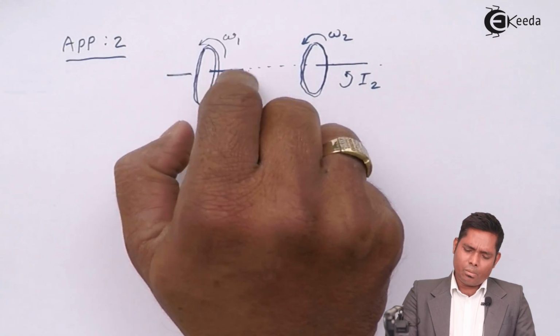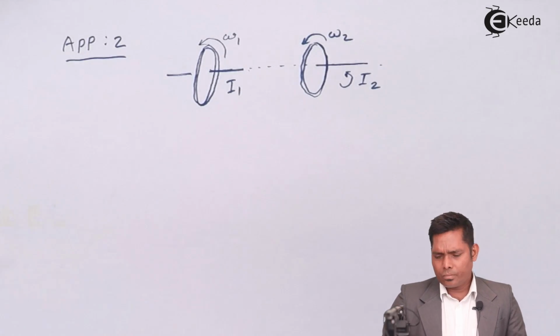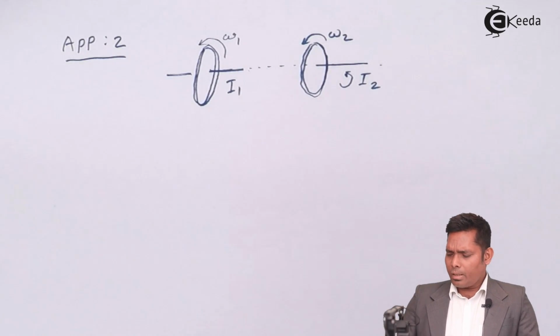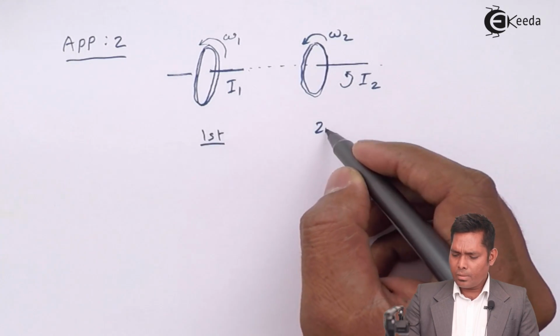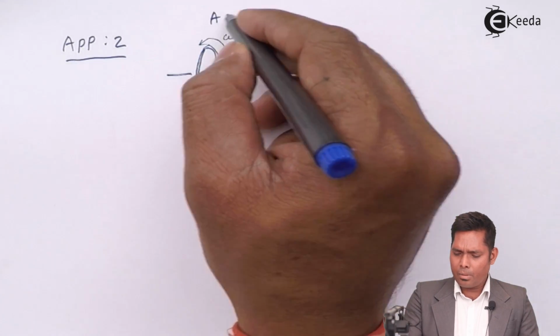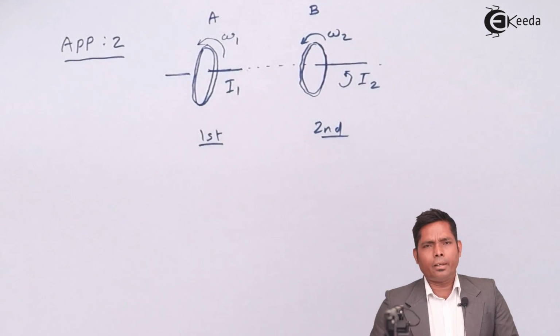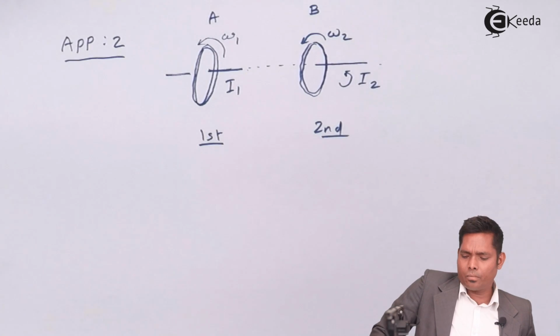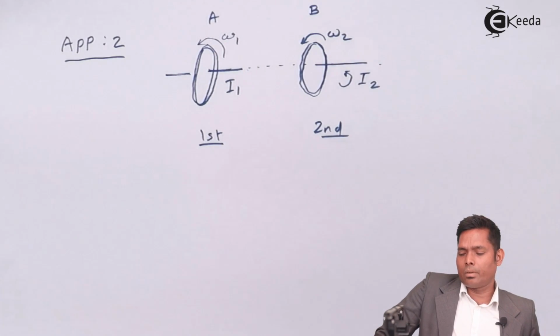Now the angular momentum is I1 omega 1, because angular momentum is I omega. This is the first wheel and this is the second wheel, or I'll name them A and B. So wheel A has angular momentum I1 omega 1 and the second wheel has angular momentum I2 omega 2.